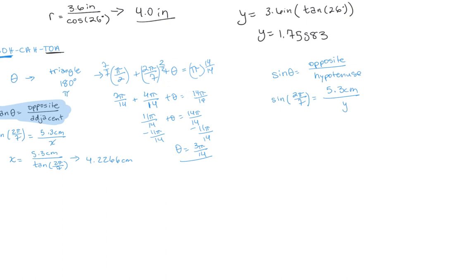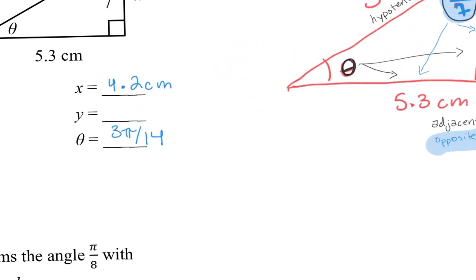And from there, we know y is equal to 5.3 centimeters over sine of 2 pi over 7, which comes out to be 6.7789, or just simply with 1 decimal, 6.8 centimeters.